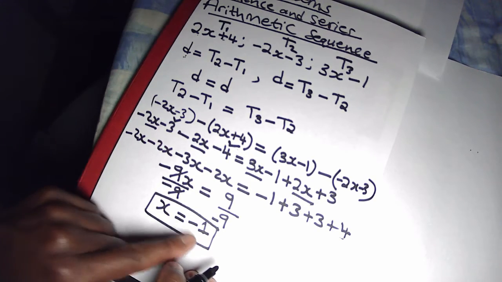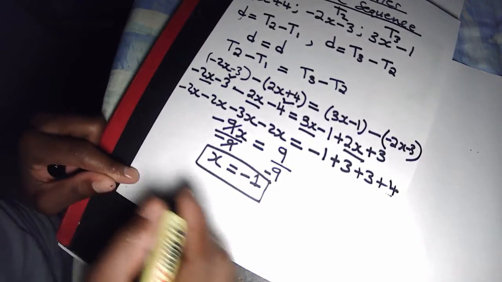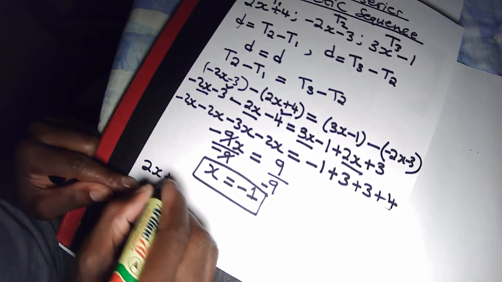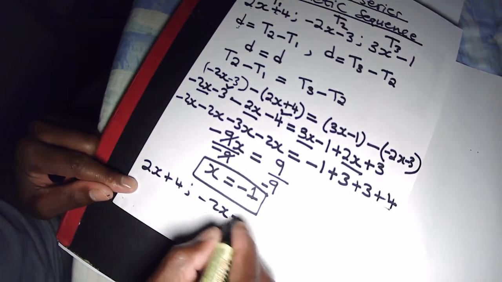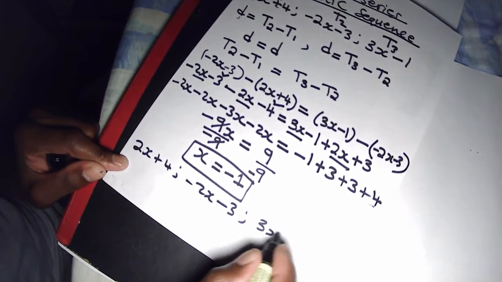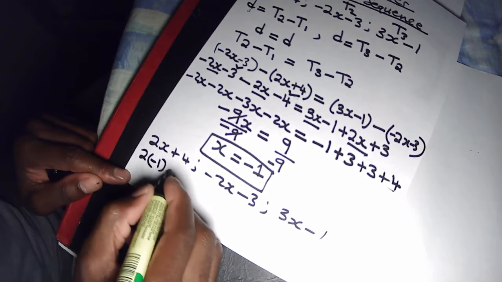Let us try and sub the negative 1 where there is x in the sequence. So the sequence goes like 2x plus 4 semicolon, negative 2x minus 3 semicolon, 3x minus 1. So where there is x, I'm subbing negative 1.